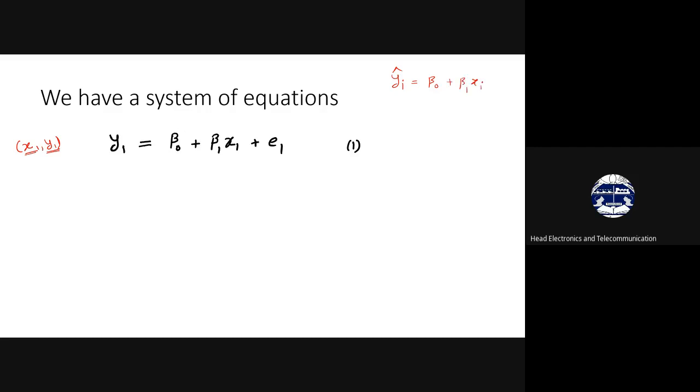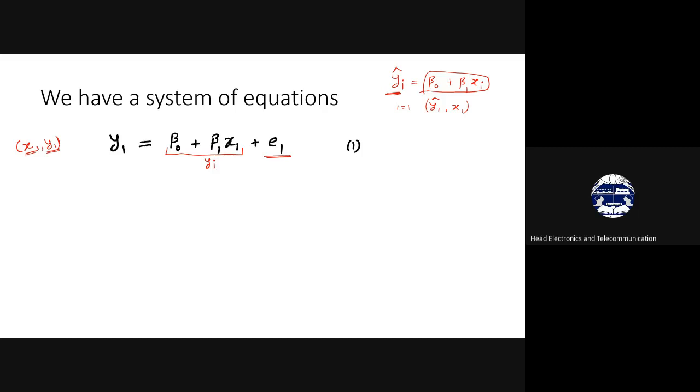Suppose i is equal to 1, then I am talking about the y1 predicted value and the input is x1. So this combination of beta 0 plus beta 1 xi gives me a predicted value yi. And what is this small e1? It is talking about the difference.